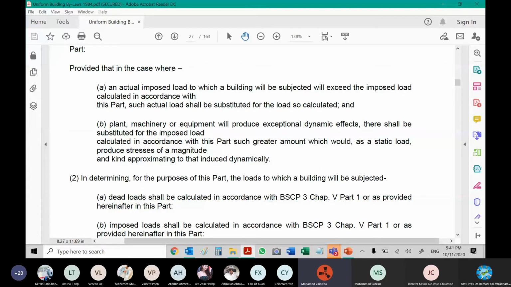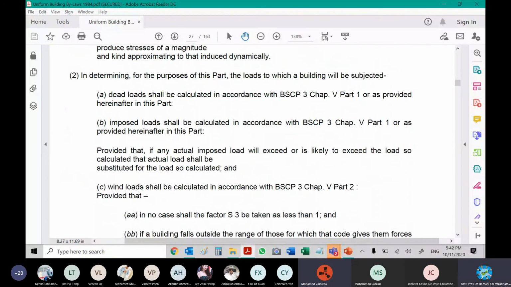Provided that in the case where (a) an actual imposed load to which a building will be subjected will exceed the imposed load calculated in accordance with this part, such load shall be substituted for the load so calculated, and (b) plant, machinery or equipment will produce exceptional dynamic effects, there shall be substituted for the imposed load calculated in accordance with this part such greater amount which would, as a static load, produce stresses of a magnitude and kind approximating to that induced dynamically.